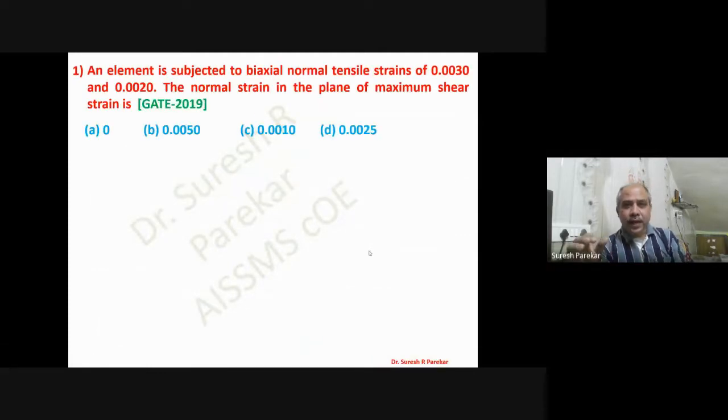We have an element subjected to biaxial normal tensile strains of 0.0030 and 0.0020. Find the normal strain in the plane of maximum shear strain. So we have a simple formula.